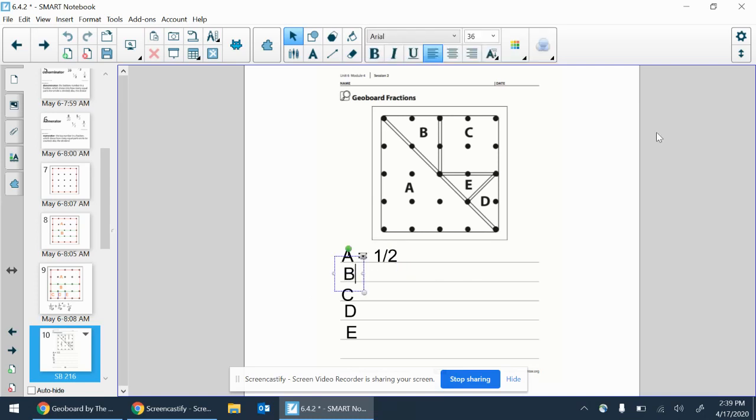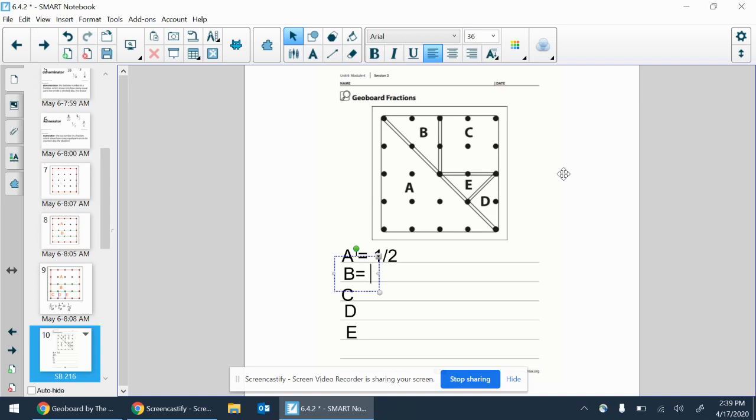What I want you to do now is I want you to pause your video and see if you can figure out the fractions for all the rest of these letters, and then play when you're ready to check your work, okay? So go ahead and pause the video and then do this on your yellow book, page 216, and then press play to see how you do.